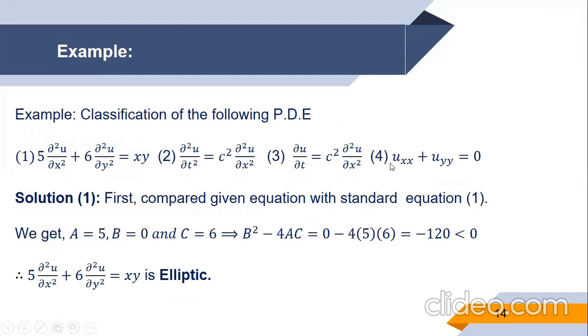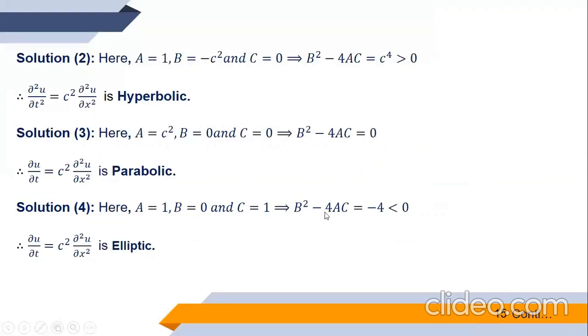And last, u_xx plus u_yy is equal to 0. So A is equal to 1, the middle term B equal to 0, and C equal to 1. So B square minus 4AC: B is 0, A is 1, C is 1, so minus 4, which is less than 0. So the given PDE is elliptic.